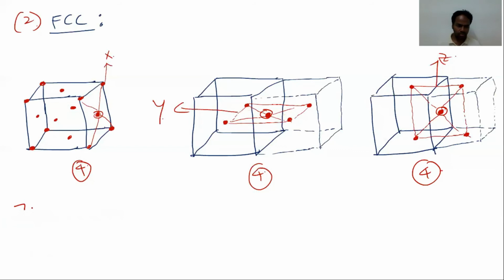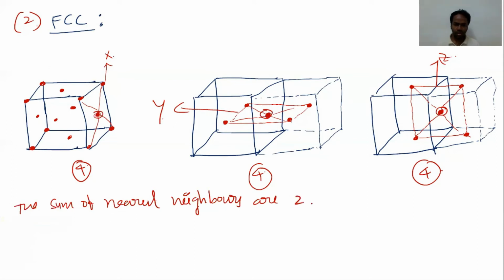So the sum of nearest neighbors are 12, which are present at a distance.